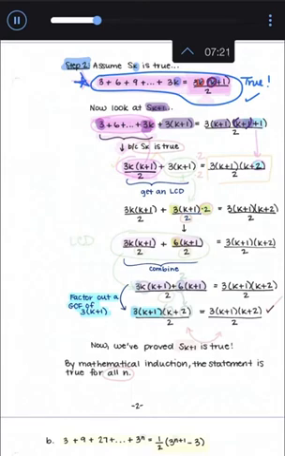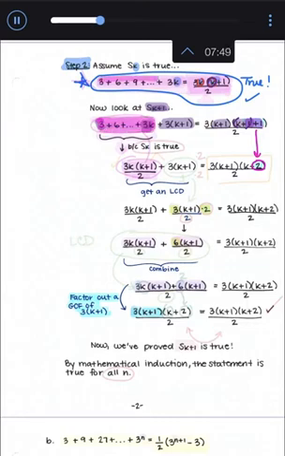Well, the first thing that I do notice on the right-hand side, so I'm going to do a little bit of tinkering, is that 1 plus 1 over here on the right-hand side can just be simplified to 2. That's something at least. On the left-hand side, let's see what we have. We have this 3 plus 6 plus all the way up to 3k.